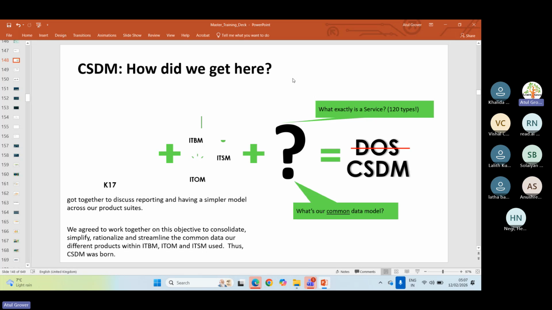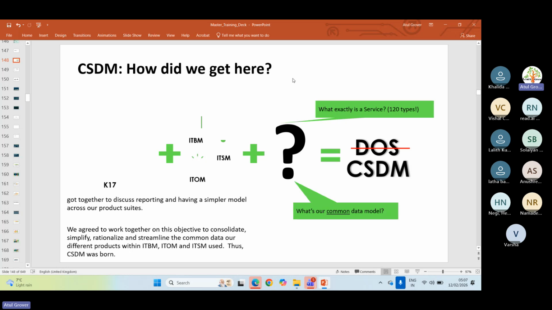The first problem was that everybody was saying service means X, service means Y, service means Z. If I ask Vishal what tea is, Vishal says tea is a hot beverage which we can consume in the daytime or evening, and it is even better during the rainy season.